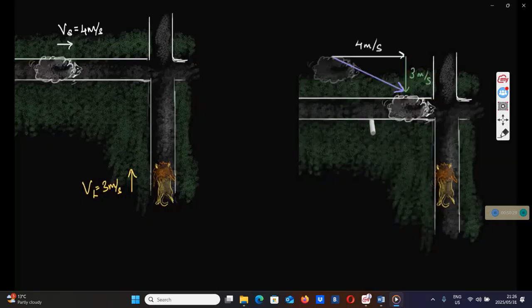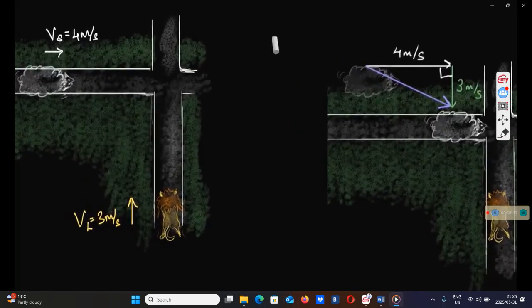All right. Okay, now the next thing would be to calculate this. How much is this distance? Well, this is a right angle triangle. And in a right angle triangle, we can use the Pythagoras theorem. This is our hypotenuse. The Pythagoras theorem says the hypotenuse squared is equal to the sum of the squares of the other two sides.